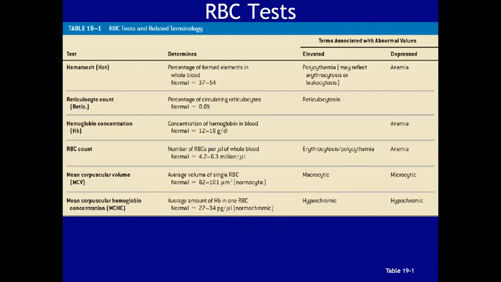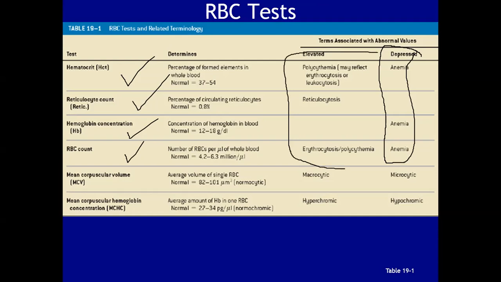So, lots of different tests, okay? And if you're looking, when we're low, here's the depressed levels here. All of them basically point toward anemia, whether we're dealing with hematocrit, how many reticulocytes you got, what's your hemoglobin concentration, what's your red blood cell count. All of those are saying, okay, we don't have enough. All of these over here say, okay, we've got too many, if they're elevated.